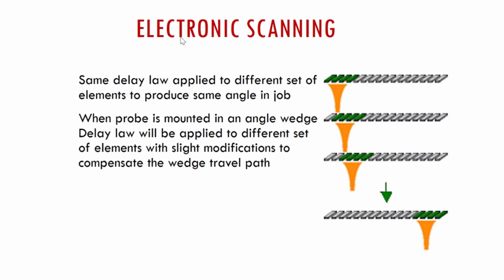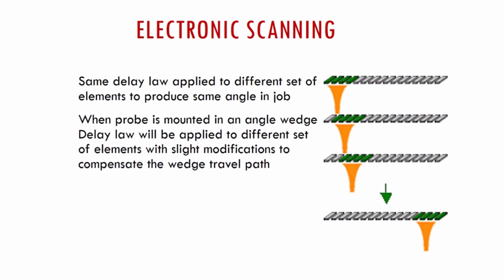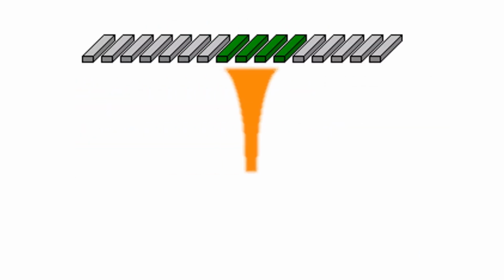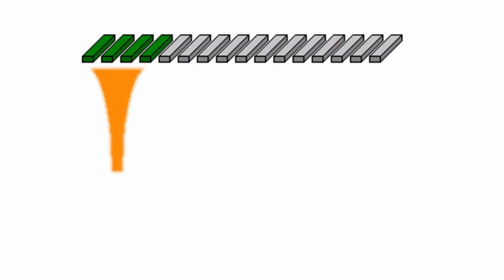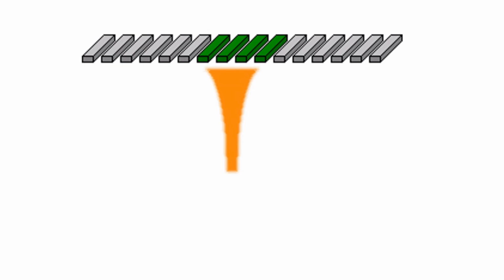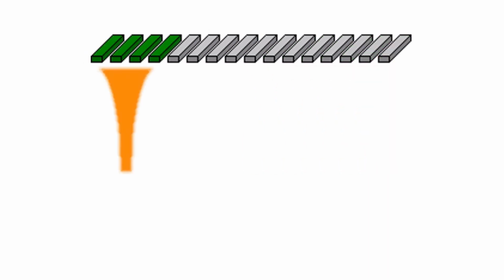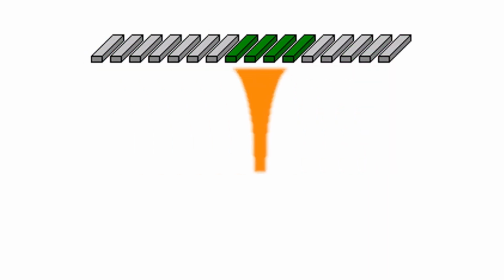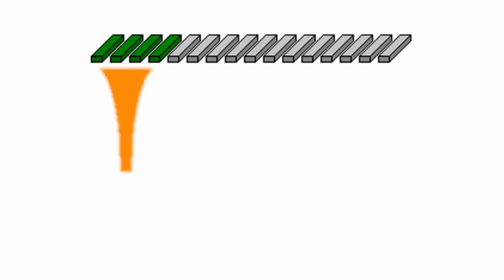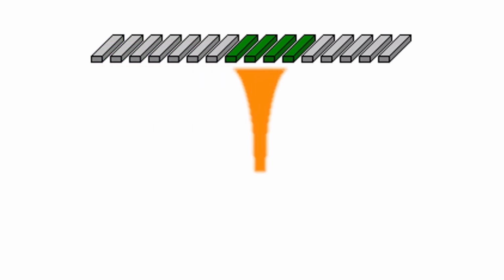And electronic scanning. Electronic scanning is the same delay law applied to different sets of elements to produce the same angle in the job. Like this, we can trigger some set of elements with a time delay to the next set. This is electronic scanning.